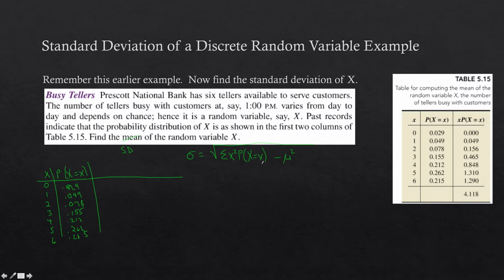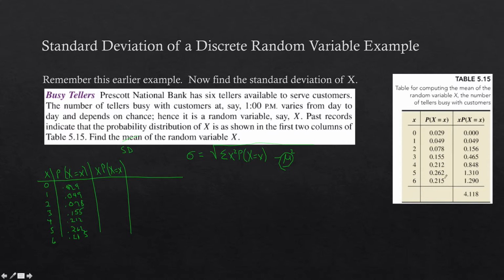Now, x times the probability distribution. Why do we use this? We need this to find the mean. And remember how we find this.